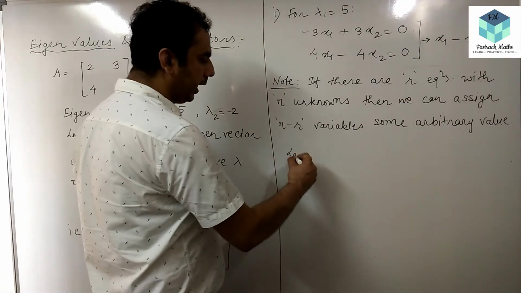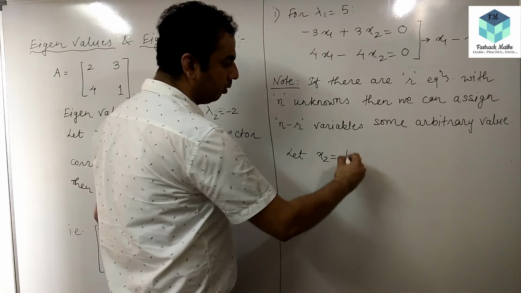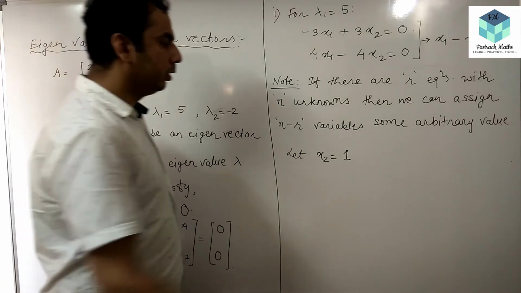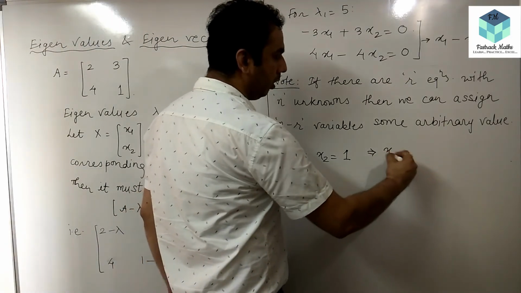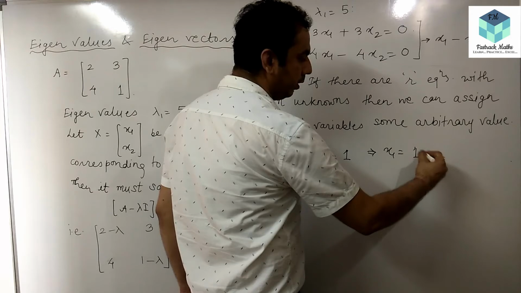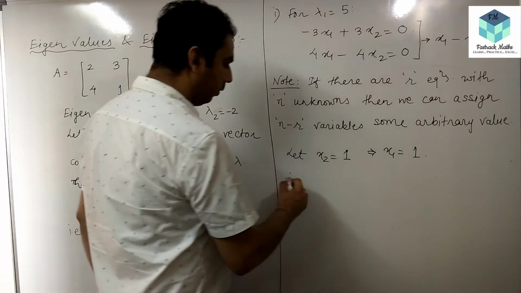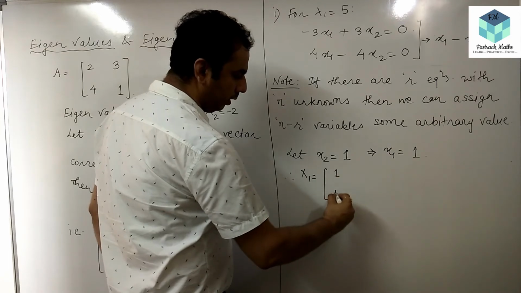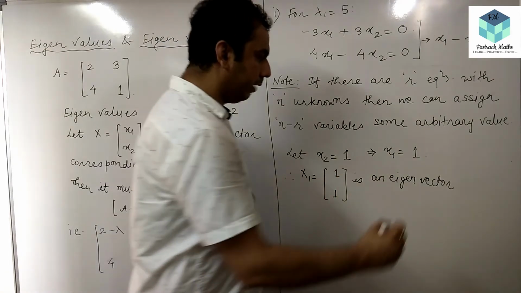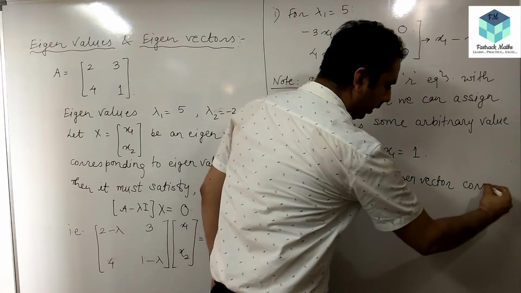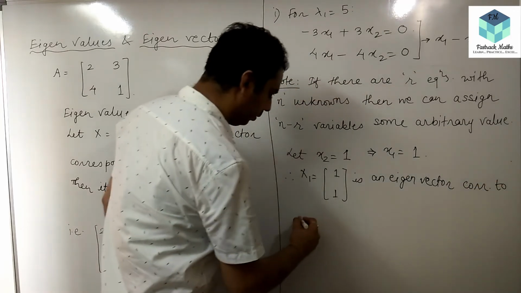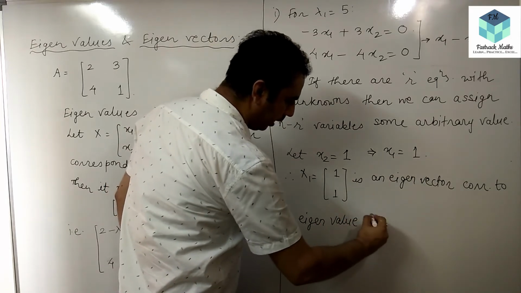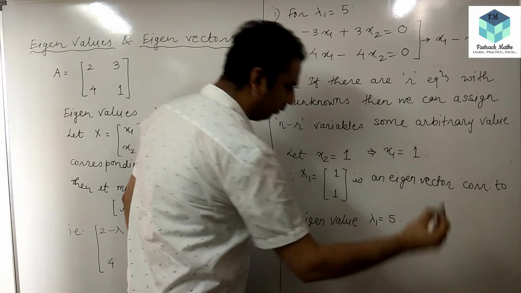Suppose we take x2 is equal to 1. This implies x1 is again 1. Therefore capital X1 is equal to (1, 1), an eigenvector corresponding to eigenvalue lambda 1 is equal to 5.